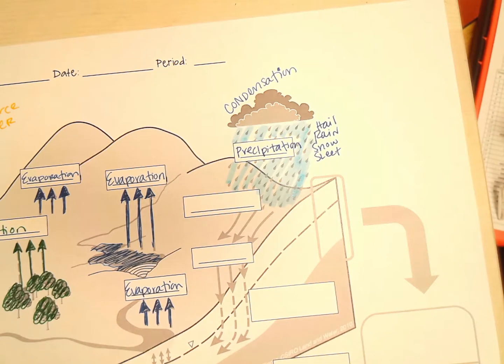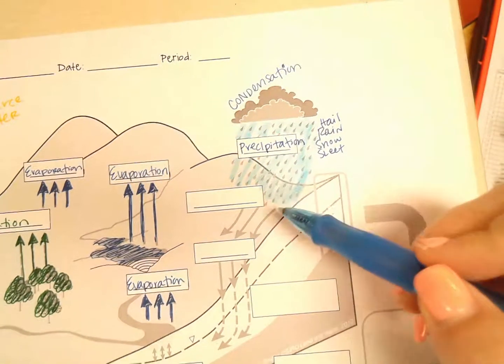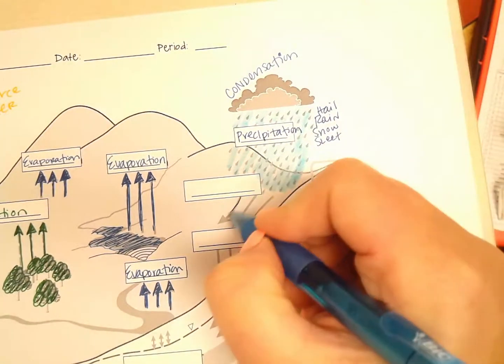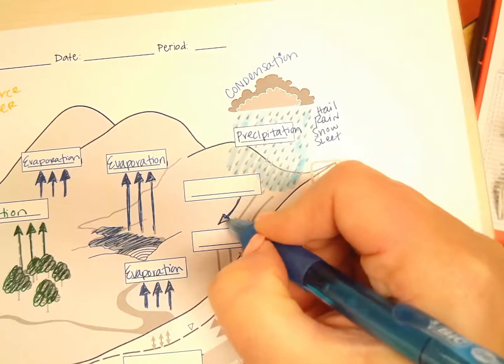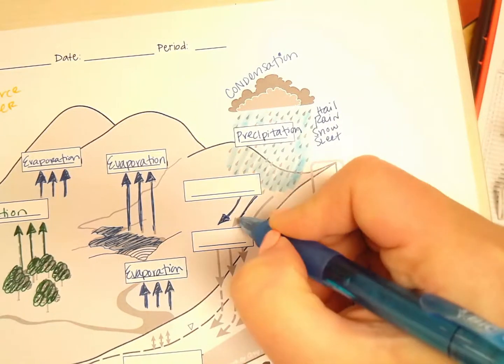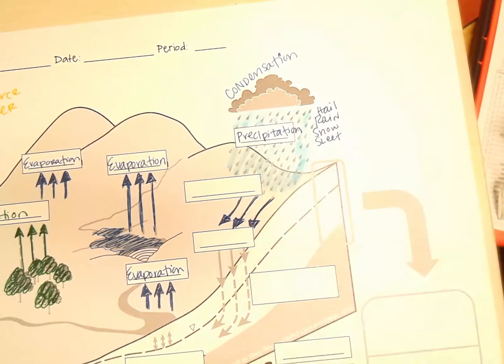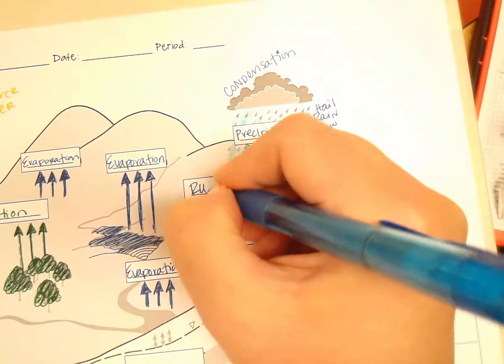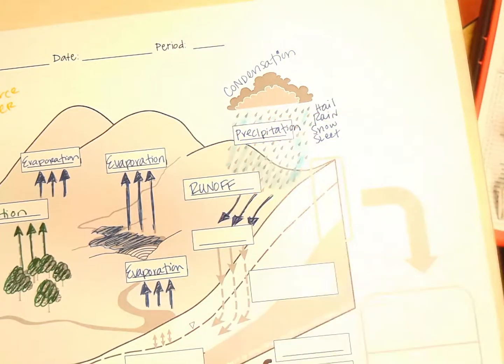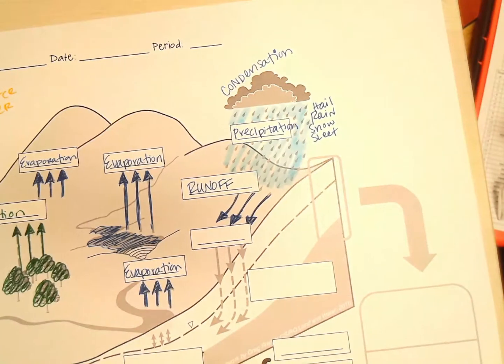Now once there's precipitation, what happens as that water hits the ground? Well, it's going to cause the water to flow down slopes and hills into the lower lying areas. And we call this runoff. And what is the energy source that's pulling that runoff?